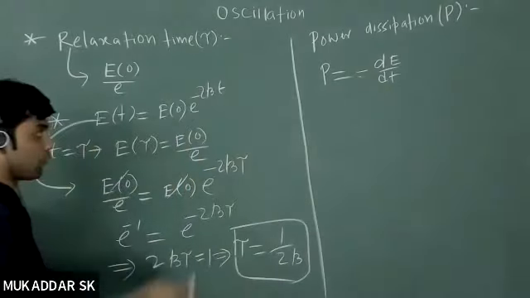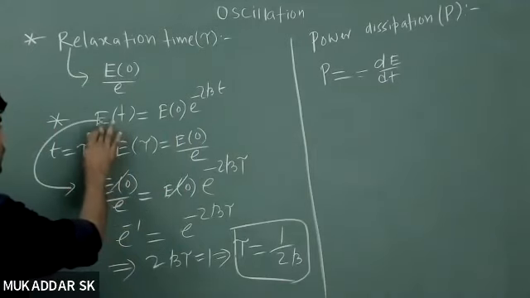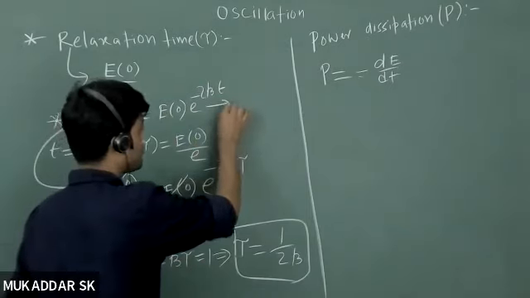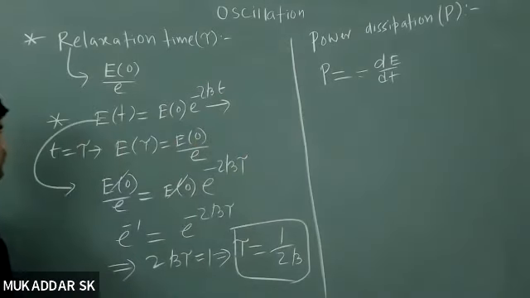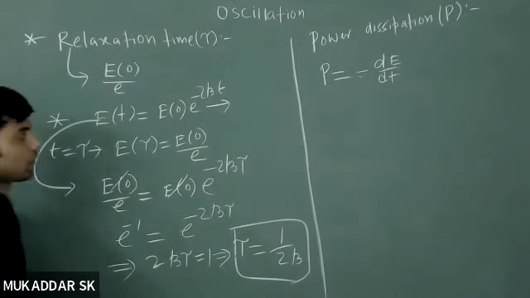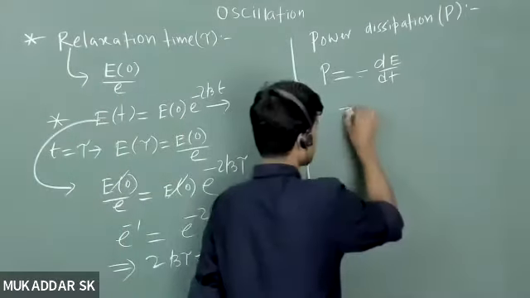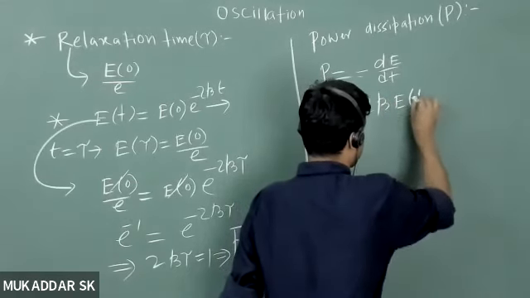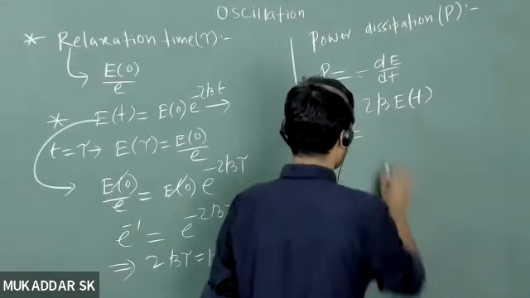Now you know that E is this, right? If I differentiate this E with respect to time, I'll get 2 beta E(t).